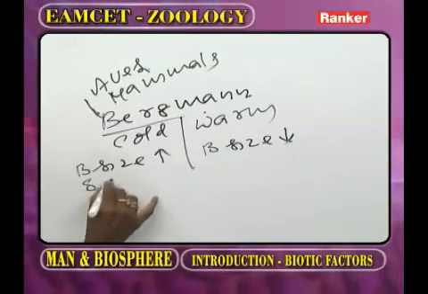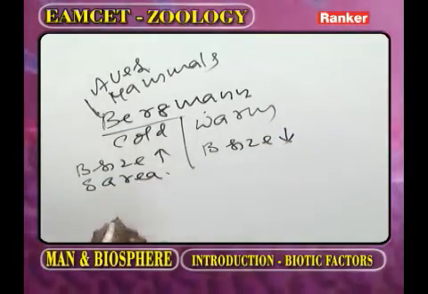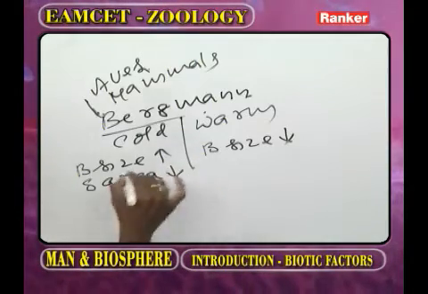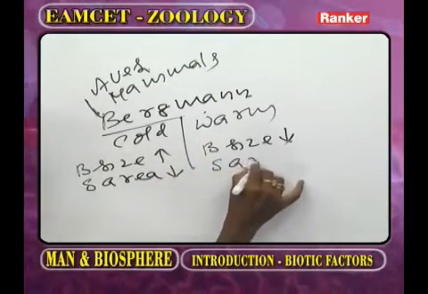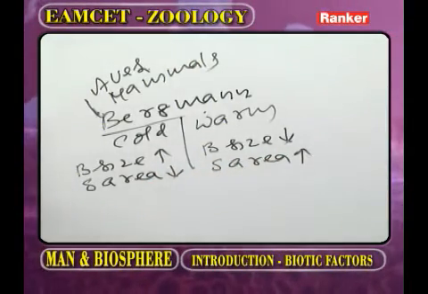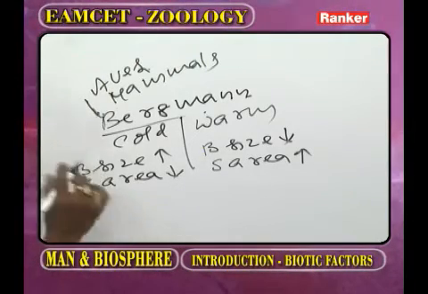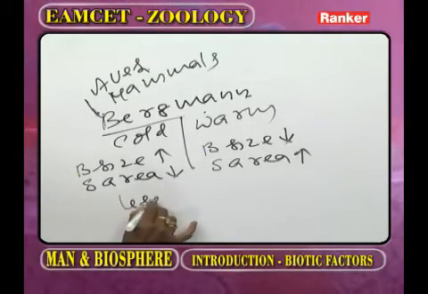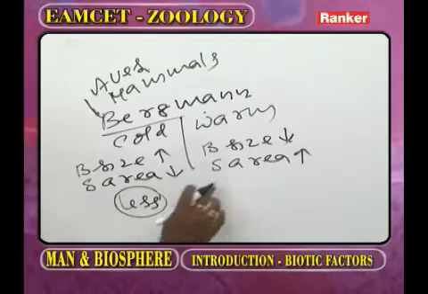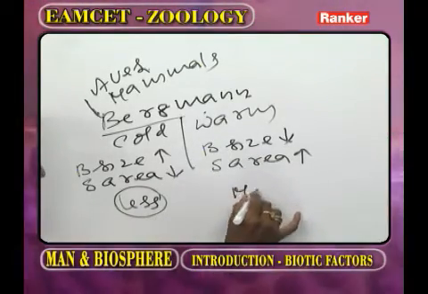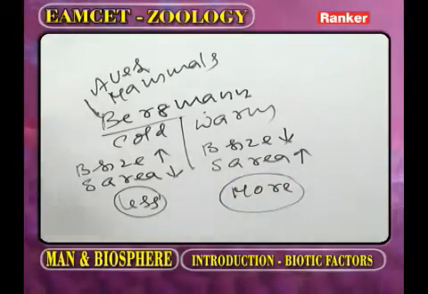Here, the surface area is less. Here, the surface area is more. Now, surface area to body size is less. Here, surface area to body size is more.